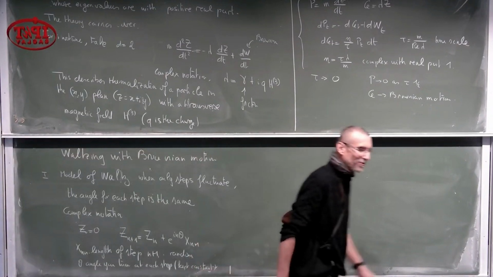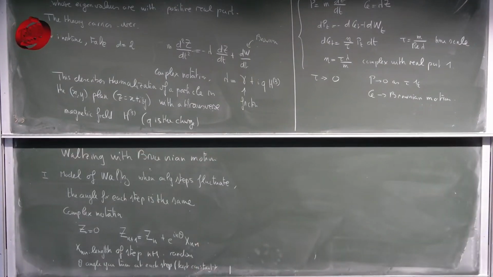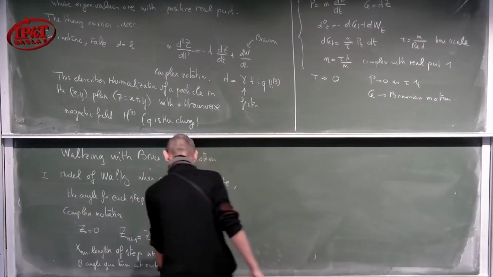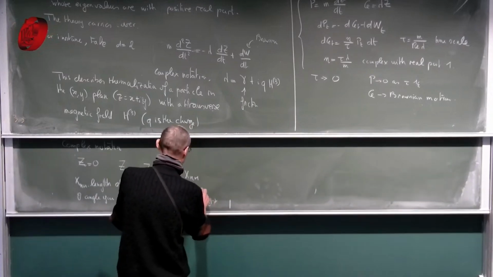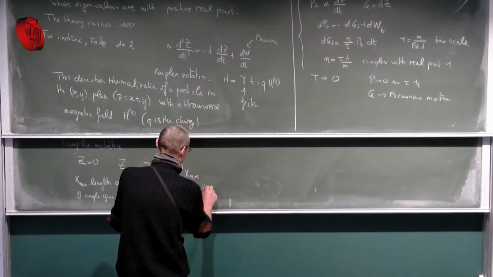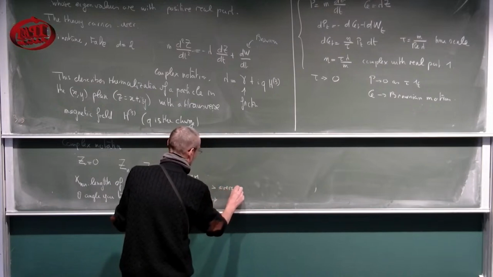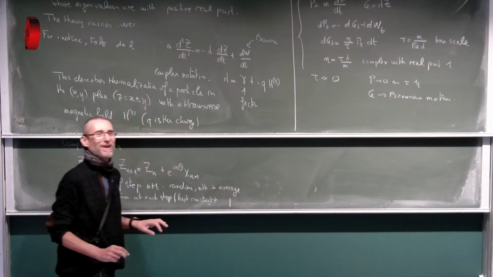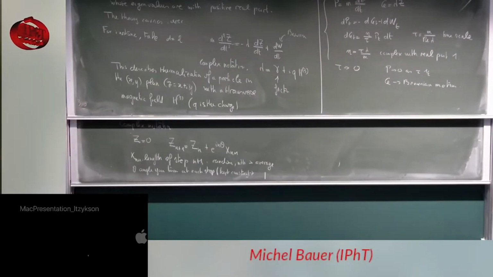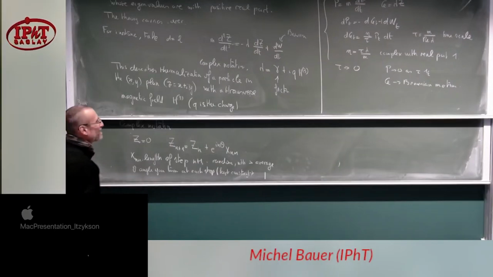Random, but not centered on zero. So yes, random with an average, definitely. Unless you're a very, very bad dancer, usually you do something.